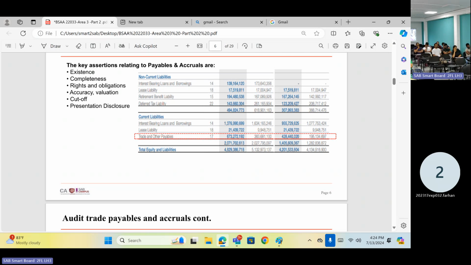Other than that, trade payable is a continuous process. It's better to use a reliable control approach if you are dealing with a manufacturing company, because you are always dealing with suppliers.